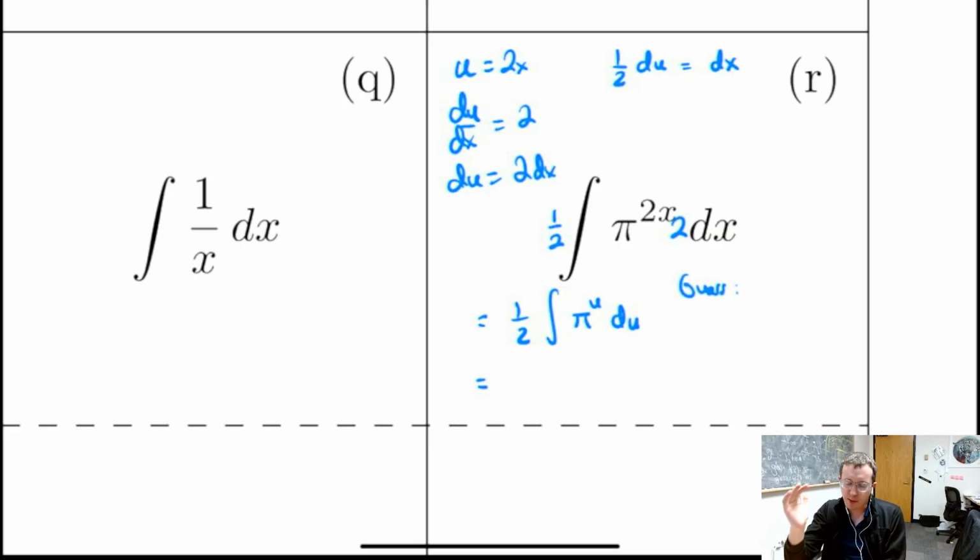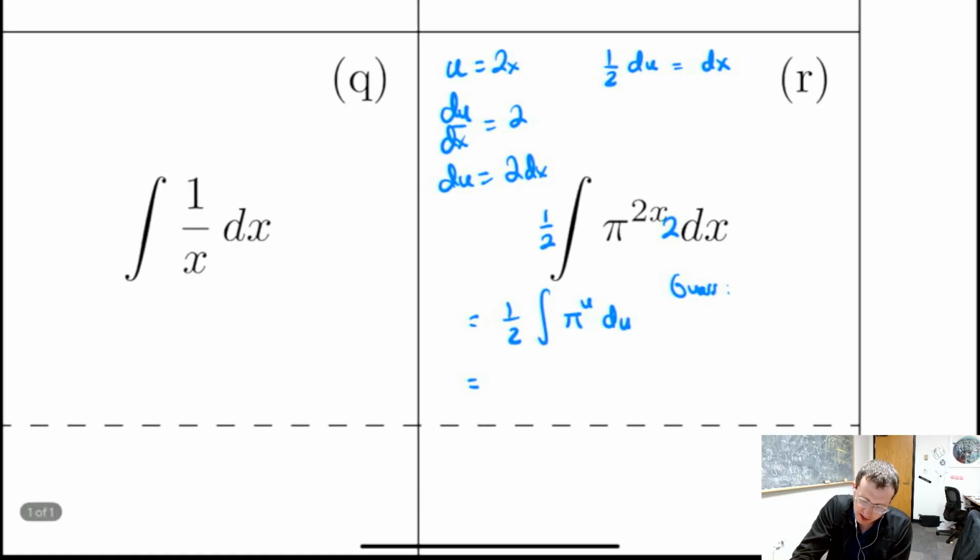So if you don't remember exactly how to handle this, how do you work it out? Well, you should be inspired by the fact that the derivative of e to the x is e to the x, and think maybe I should try as my antiderivative pi to the x, or I guess 1/2 pi to the x.